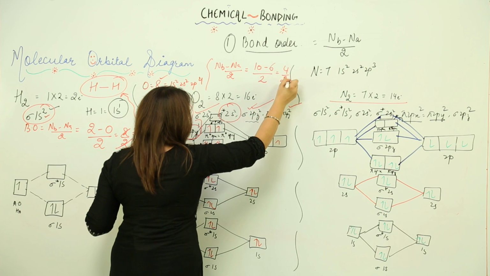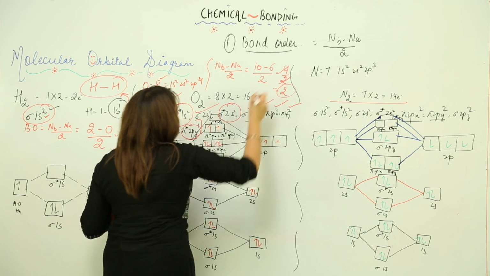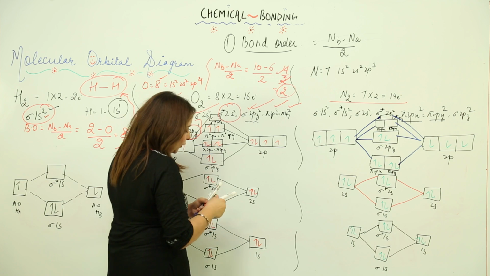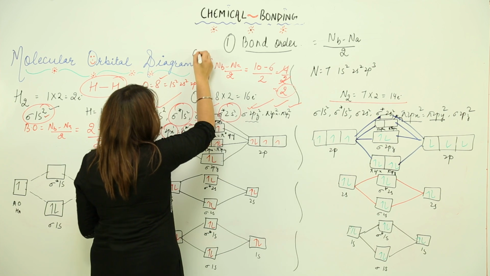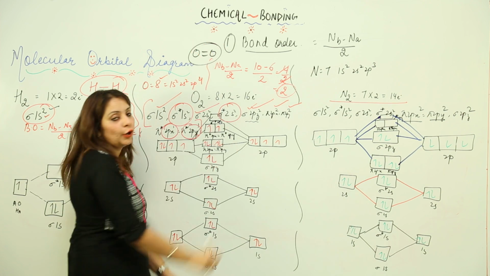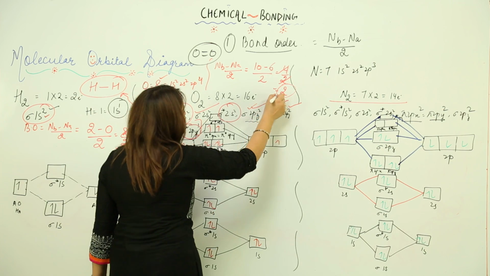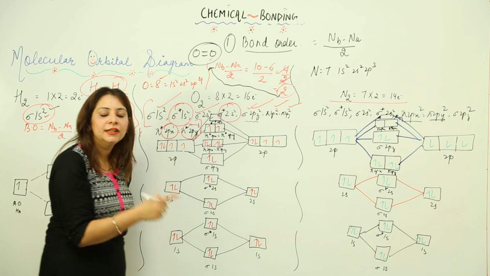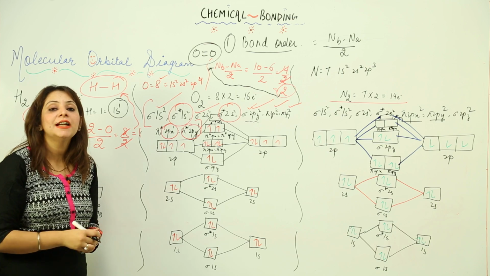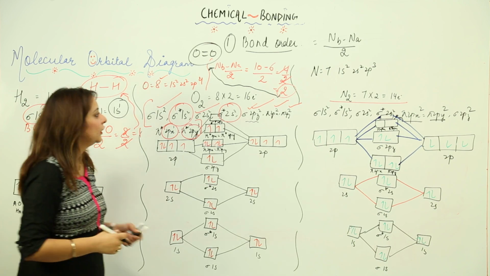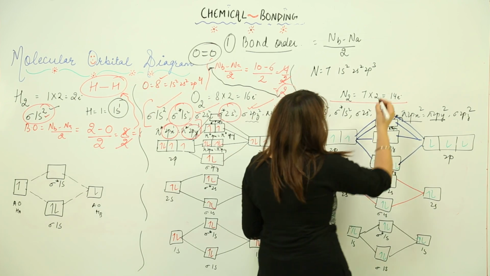So it comes out to be 2, and we already know that when an oxygen molecule is formed, a double bond is formed. We already saw that when we were drawing the covalent bond. So here you can see that bond order matches the number of bonds. So it just indicates how many bonds are present in a molecule. Let's see it for the nitrogen molecule as well.